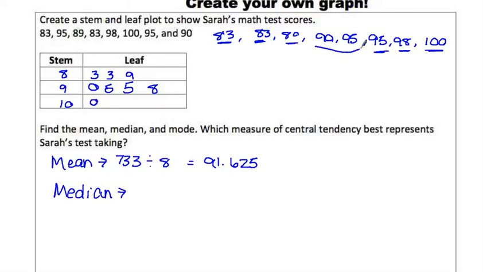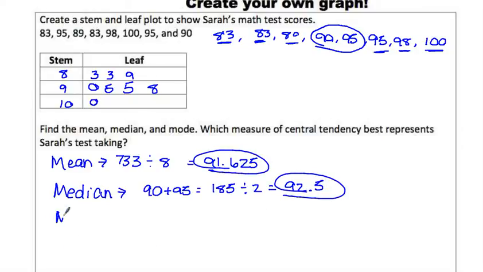Now, turns out there are 2 numbers in the middle. So remember, you have to add the 2 of them together. So 90 plus 95 gives you 185. Then you're going to divide by 2 to find the center, which is 92.5 for that one.